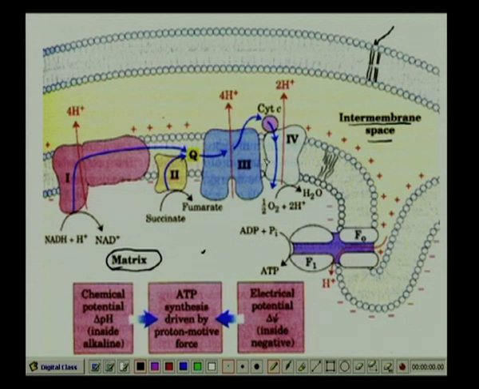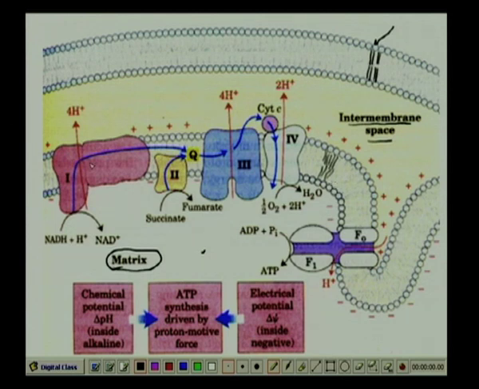So, what we have is the membrane. Now, across the membrane what do we have? We have a chemical potential generated due to the pH difference on both sides of the membrane. Why do we have a pH difference? Because we have different concentrations of hydrogen ions on either side of the inner membrane.